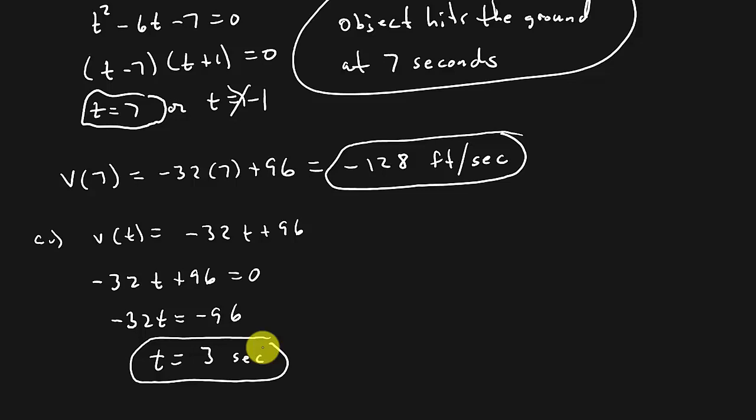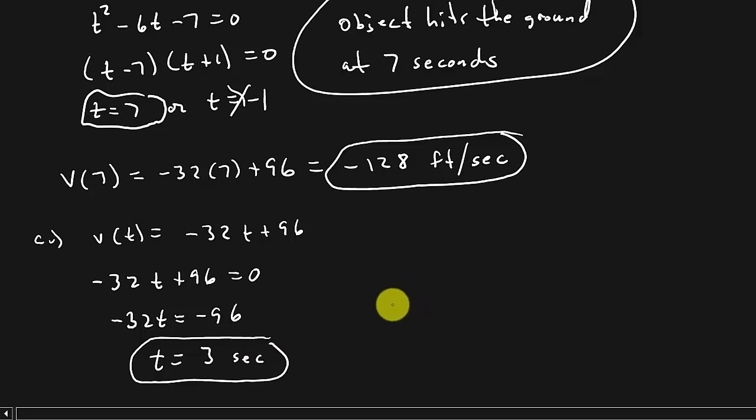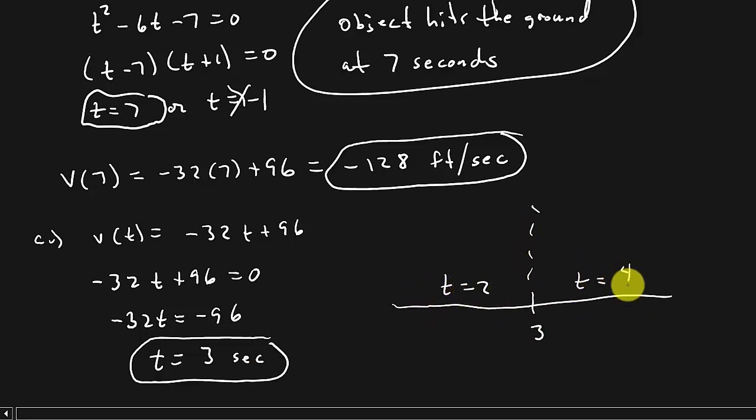Well, if we look at this, if you take the 3 here, and then you take a value over here, t equals 2, and you take a value here, t equals 4. So if we plug the 2 in to our velocity function, we get a positive number. If we plug the 4 in, we get a negative number.